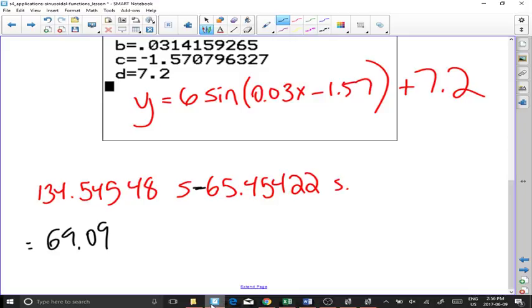So it's 69.09 seconds. So in one revolution, it's above 10 meters for 69.09 seconds. Okay?